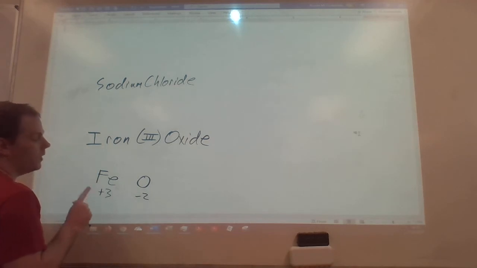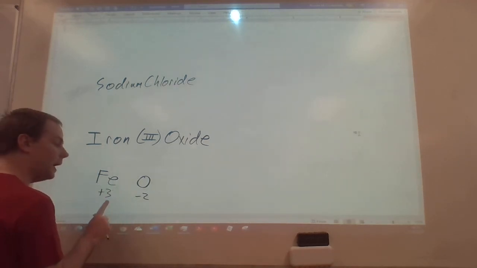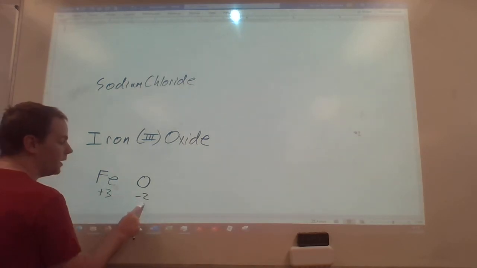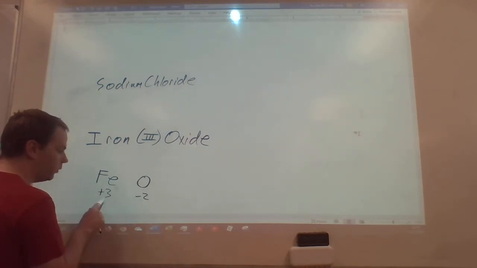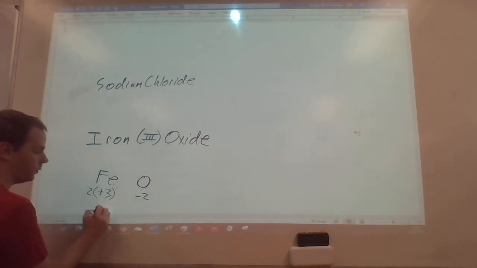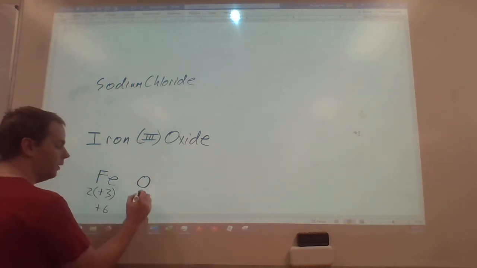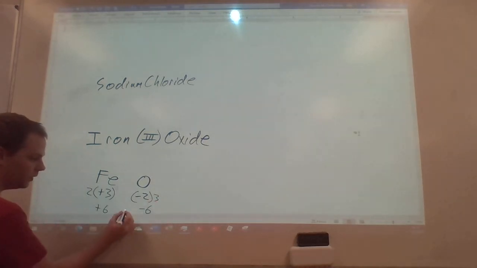So, what we have to determine then is how many irons are there and how many oxygens are there. Well, if it's a +3 and a -2, then it's going to need 2 of these and 3 of these, which we can tell because 2 positive 3s would give us a +6, and 3 negative 2s would give us a negative 6.